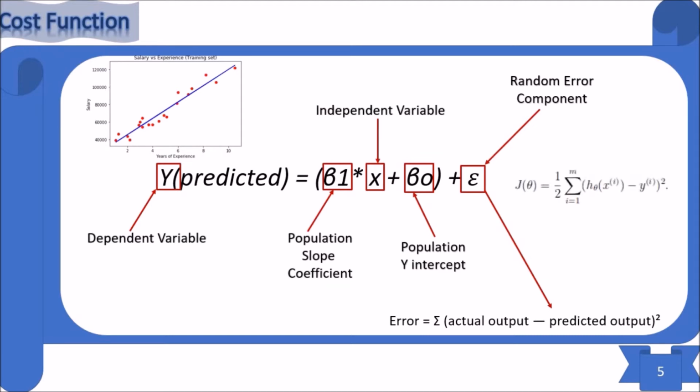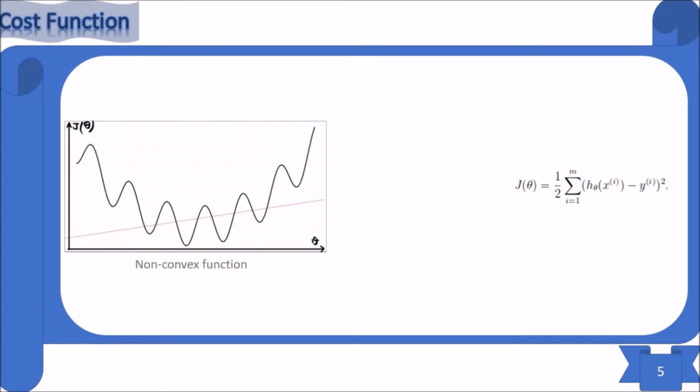Here you can see the equation of the cost function. So how do we reduce this error? This J theta represents the cost function, which represents the optimization objective. We create a cost function and minimize it so that we can develop an accurate model with the minimum error.